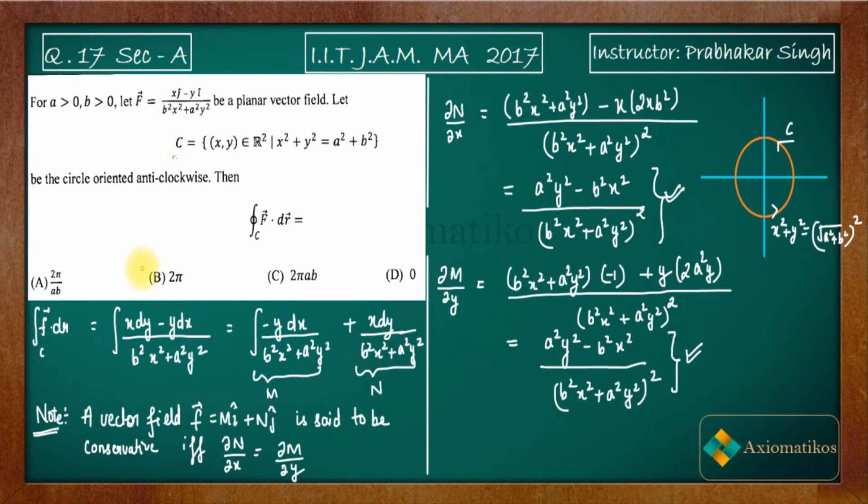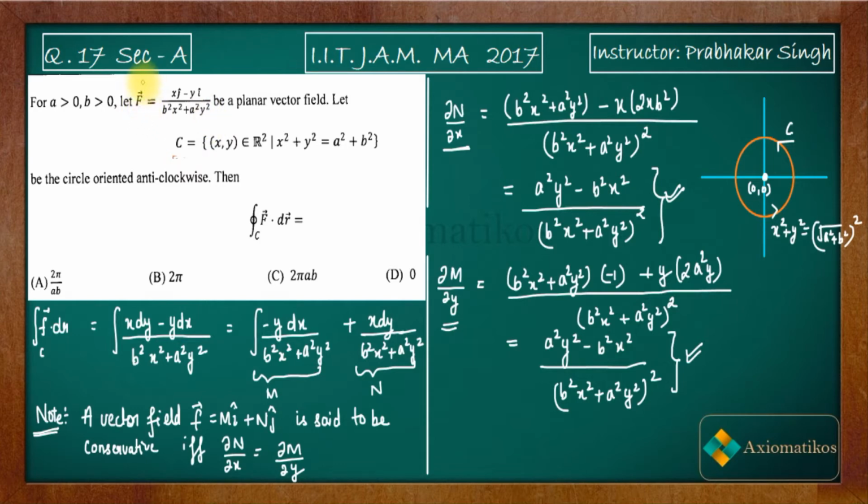But see, you are talking about the partial derivatives of M and N. Now the curve that you are given encloses a region, and in the region enclosed by this curve we have the origin. Are you getting my point? So focus on this, that in the curve that is given to us, we have the origin inside it. And we are talking about partial derivatives, and you see what your f is: xj minus yi over b square x square plus a square y square.